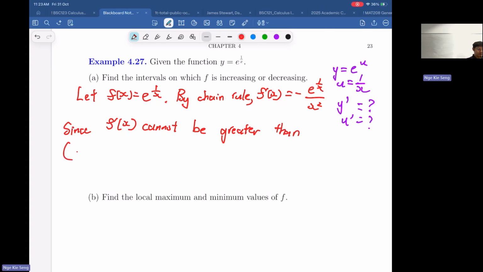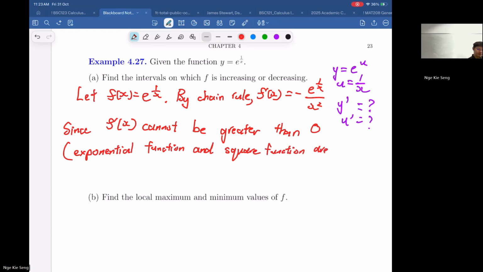Because the exponential function and the square function are always positive, or I would say non-negative.